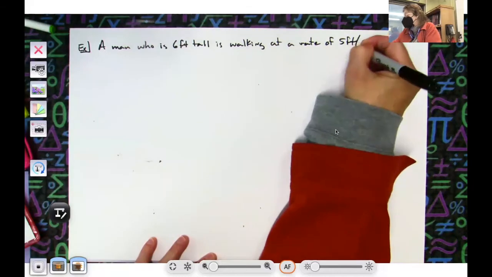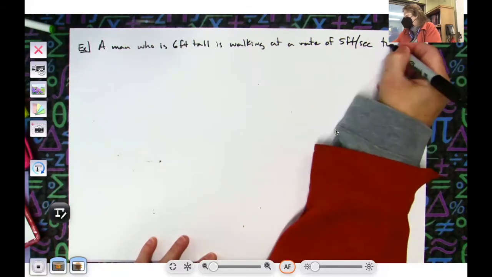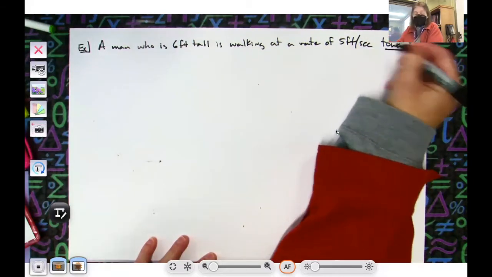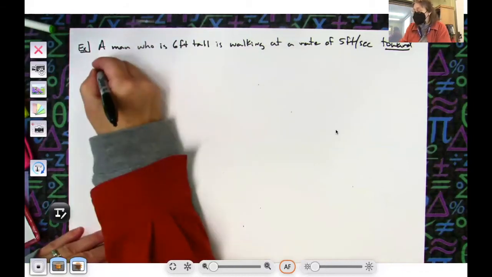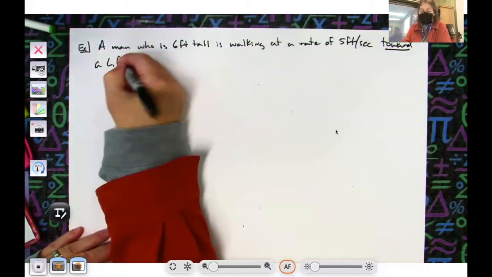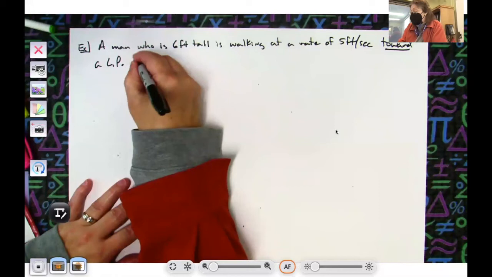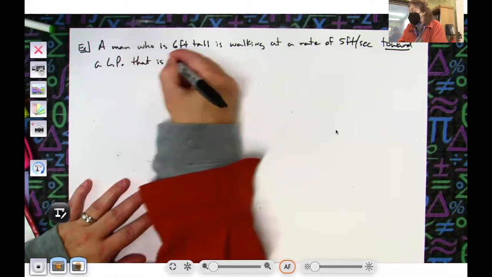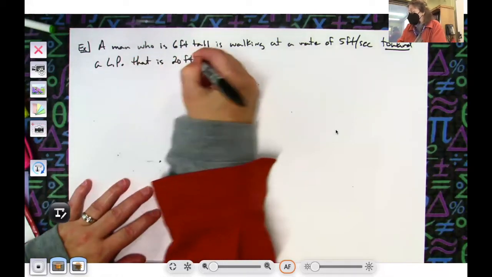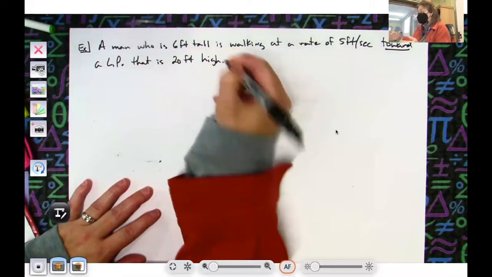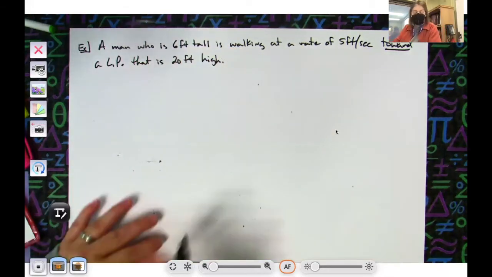He walks the same speed all the time. He's walking toward a light pole, LP, that is 20 feet high. Same setup for our story problem here.